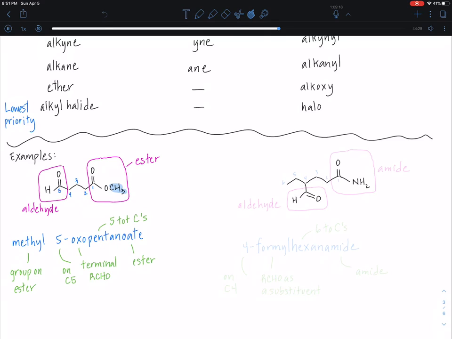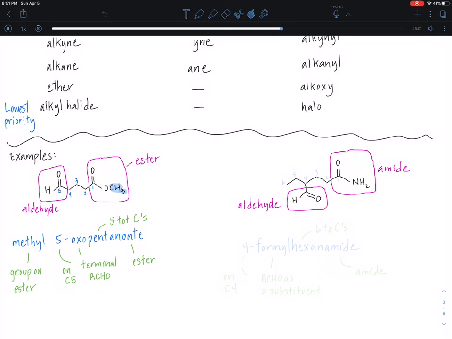In the next example, we've got a piece of aldehyde functionality. So here's the aldehyde. And then up here, remember from chapter 1, we have an amide. Some people will call it an amide. No big deal. What is a big deal? That the amide takes priority over the aldehyde.